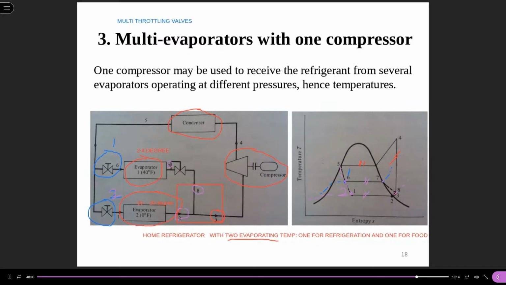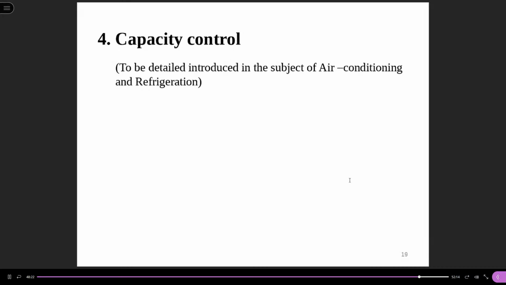If it's throttled to a much lower pressure, then the evaporating temperature will be lower. So this is for multiple evaporators with one compressor. In fact, according to our syllabus, we also need to introduce how to control the cooling capacity of our refrigeration system, which will be introduced in the level 3 subject.